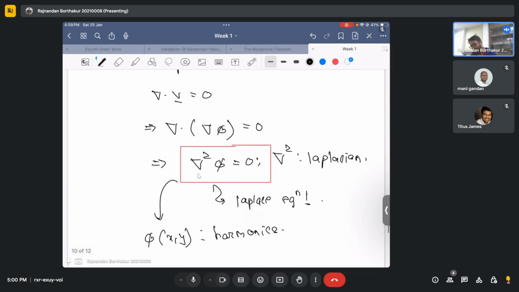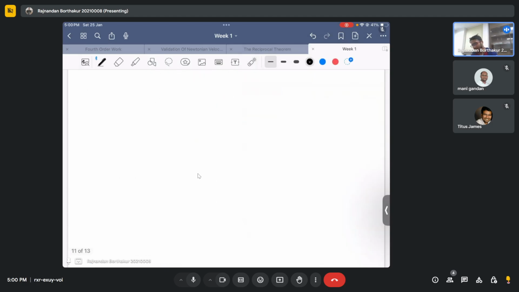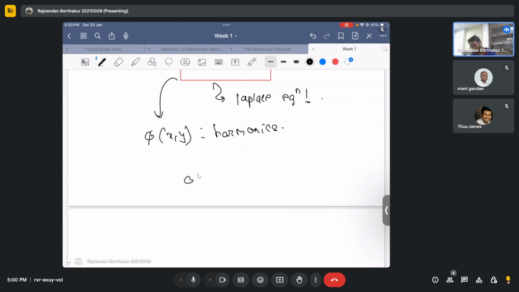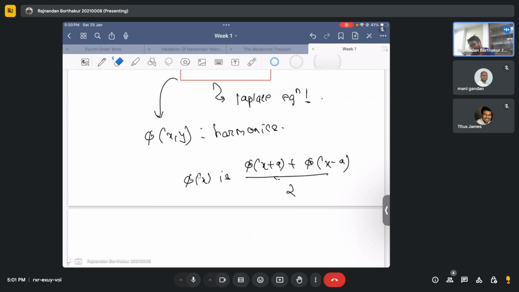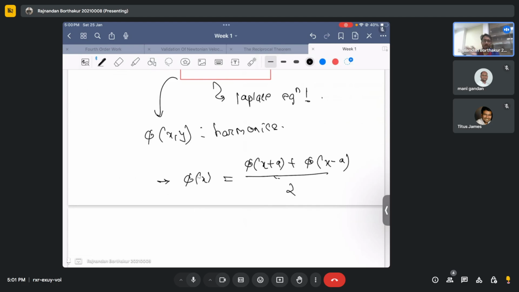Let's say I'm just considering a 1D system: the value of phi is basically the average of phi of x plus a and phi of x minus a, divided by 2. This is a property of a harmonic function, which is a solution of the Laplace equation. So these are some unusual and amazing properties.